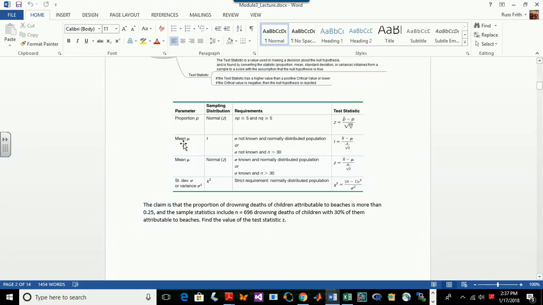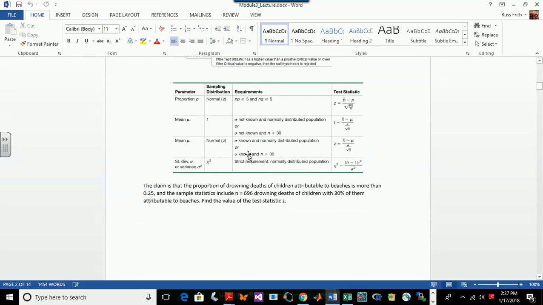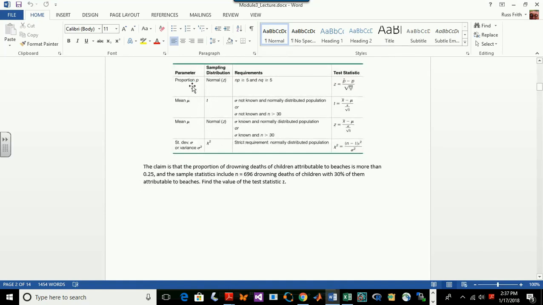Another way of analyzing hypotheses about a mean is if we know the standard deviation of the population and the population is normally distributed, or we know the standard deviation of the population and the sample size is bigger than 30. Then we calculate a z-statistic, and the z-statistic is formulated this way. Again, I will show you examples of all three, actually all four.